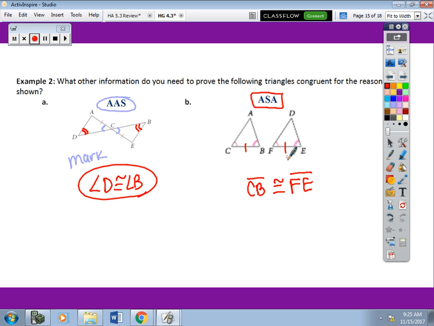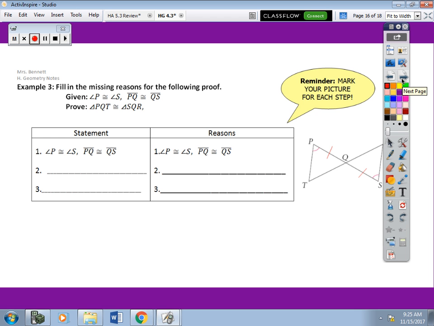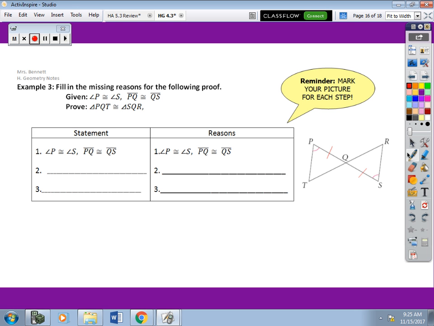And on the back we have a little proof to take a look at. And we've really been doing proofs the whole time, we just haven't been writing them out, but I've been stating it out loud. So we do have some given. It's already marked. What else can I conclude from the picture? Kaylin? Vertical angles.